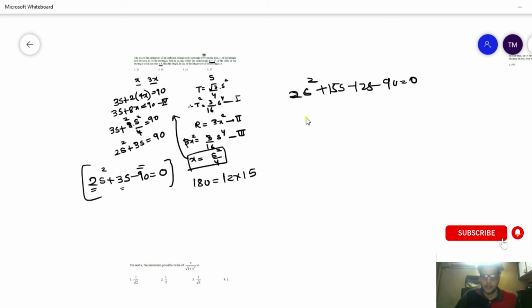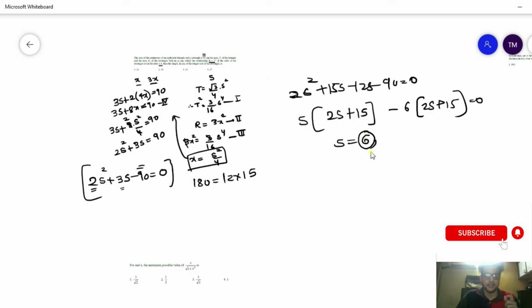So s common, 2s plus 15, minus 6. So one of the roots you will get s is equal to 6, another root you will get minus 15 by 2. So we won't consider that because s is the side of the equilateral triangle. Hence the side of the equilateral triangle is 6.